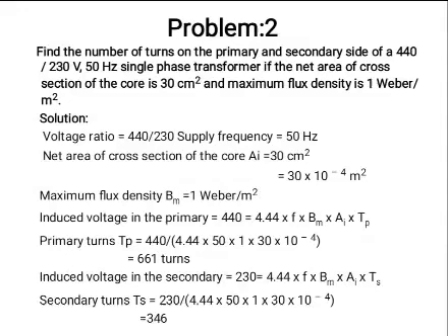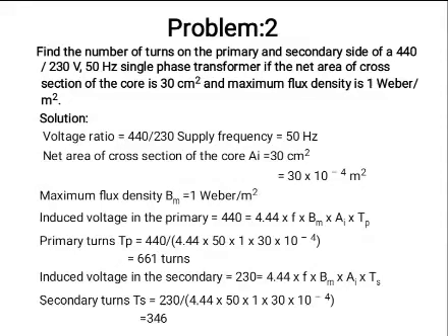We need to find the primary and secondary turns. The voltage ratio is given, 440 by 230, the supply frequency is 50 Hz, the cross sectional area Ai is 30 centimeter square, and the flux density is 1 Weber per meter square.